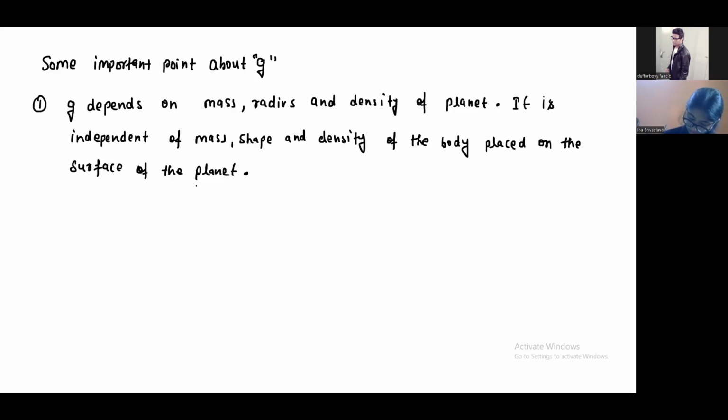That means if we have a heavier mass or a lighter mass, both have the same value of g.